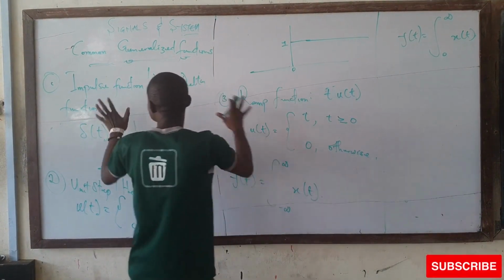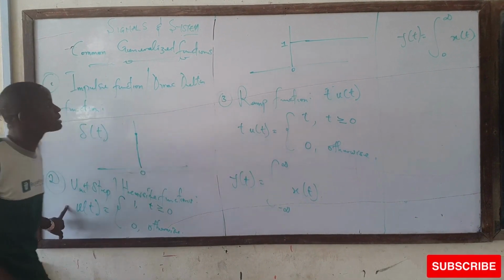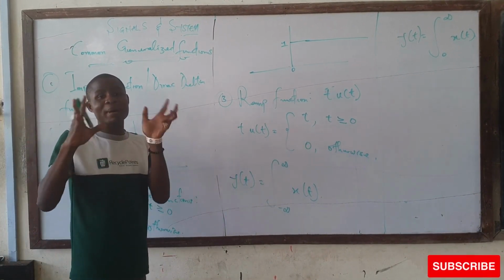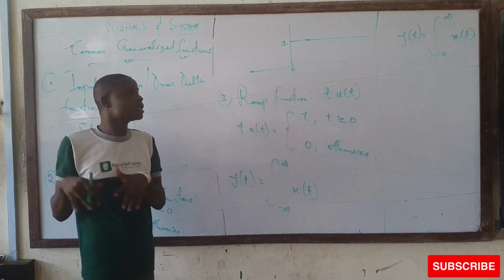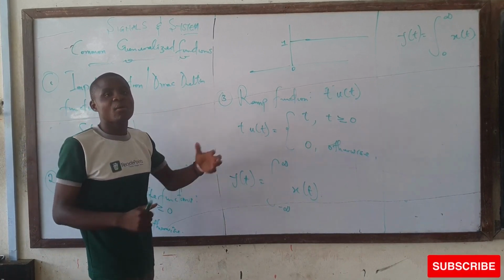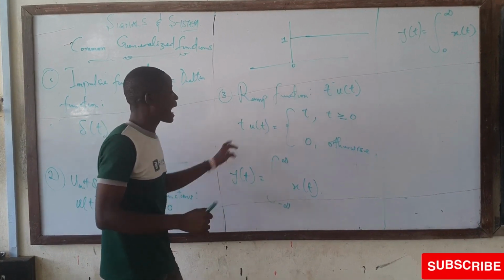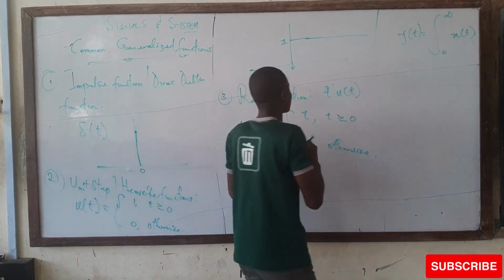Now, if you look at the impulse, unit step, and ramp functions, and take just their unilateral part, we can create a connection between impulse, unit step, and ramp. This is how we go about it.